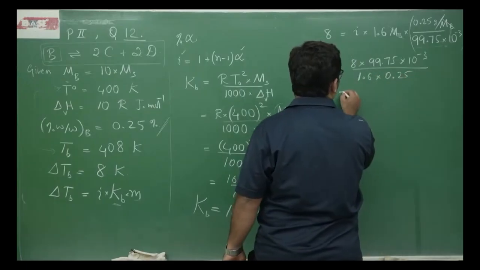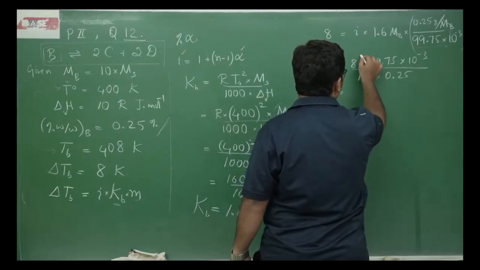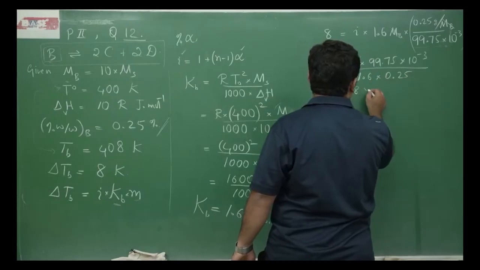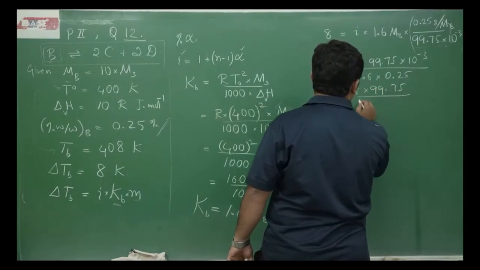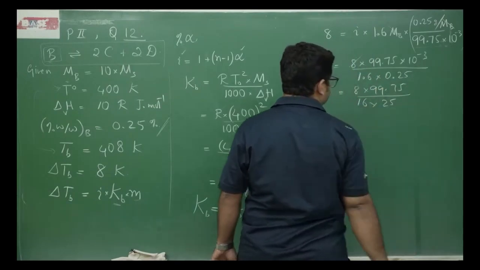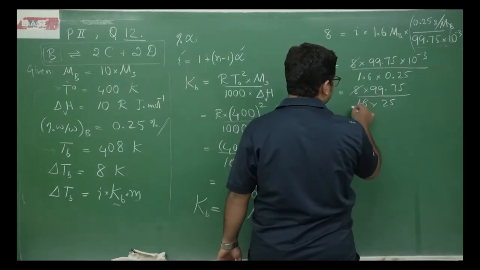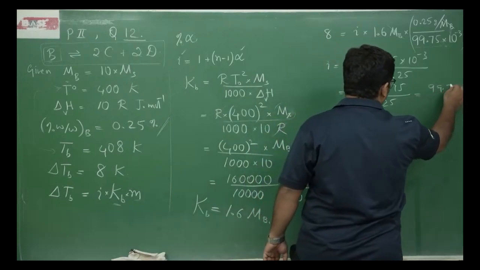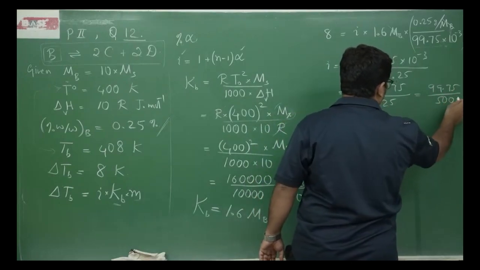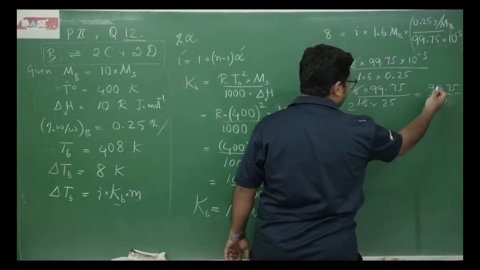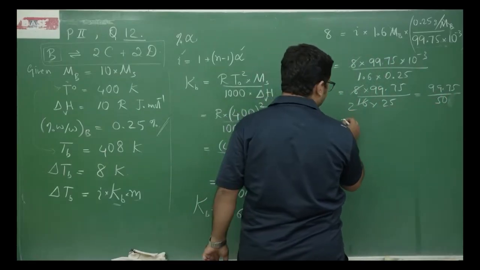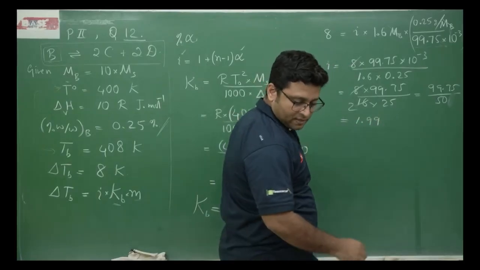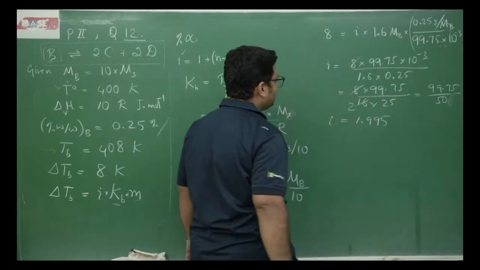Taking it as 8 into 99.75 whole divided by 16 into 25, shifting the 10 power of minus 3 to the denominator, the 8 cancels 2, and 2 into 25 is 50. So 99.75 divided by 50, which is 100 divided by 2, multiplied by 2 and divided by 100, we get 1.995. So this will be the accurate value of the Van 't Hoff factor.